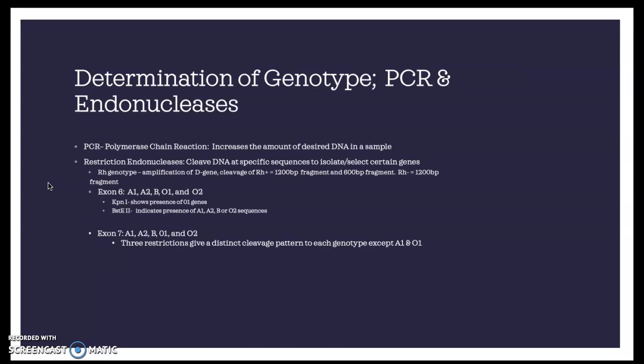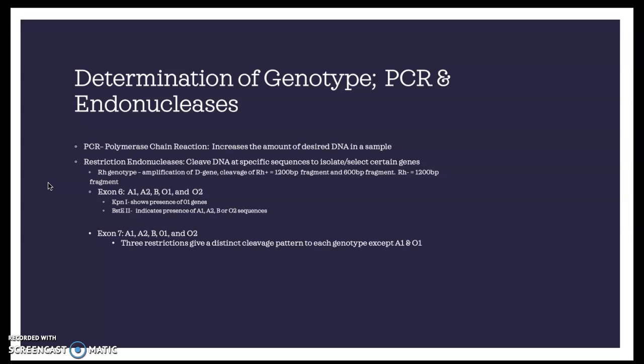So, the determination of genotype via PCR and endonucleases. The combination of PCR and restriction endonucleases can be used to determine the genotype of an individual. PCR, or polymerase chain reaction, increases the amount of desired DNA in a sample.